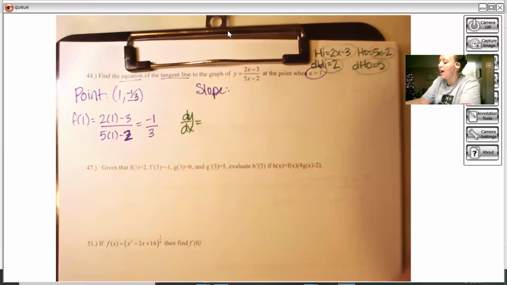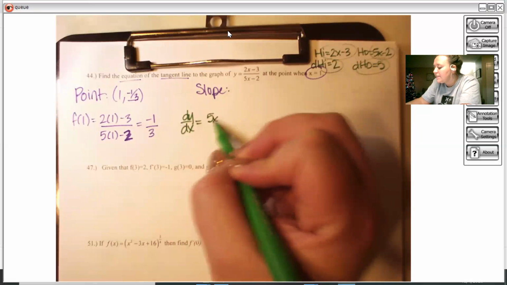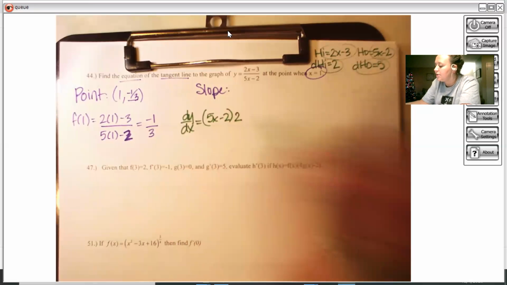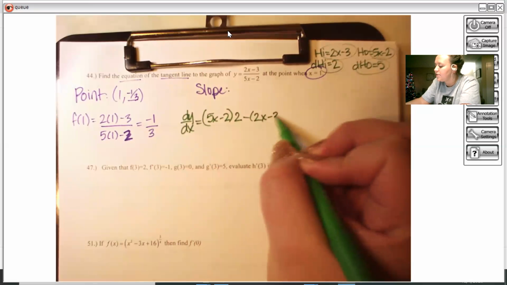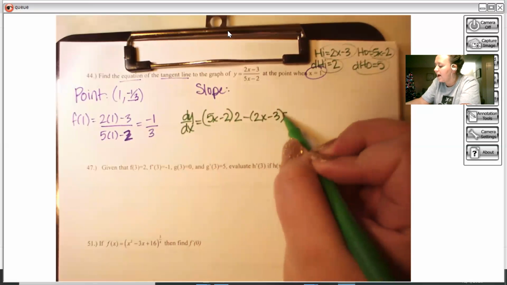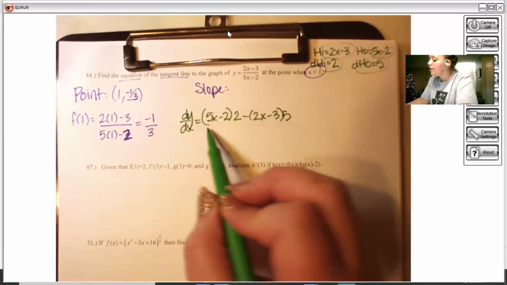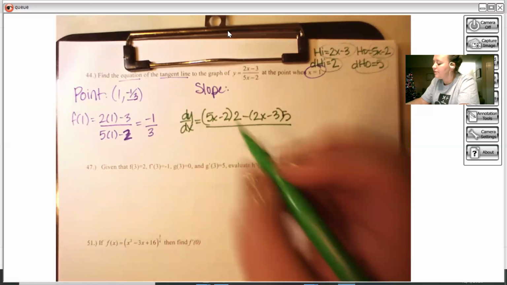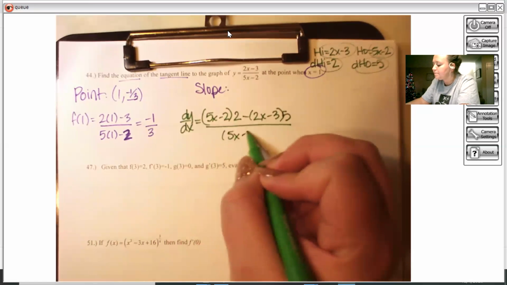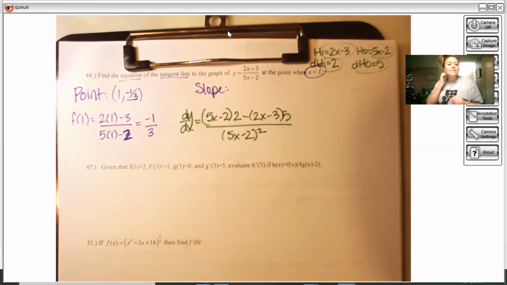So it's ho d hi, so that's 5x minus 2 times 2, minus hi d ho is 2x minus 3 times 5. And then all of that over ho squared, which is 5x minus 2 squared. Now notice that your equation only has x's in it. So that means I really only need the x value for me to plug that point in.